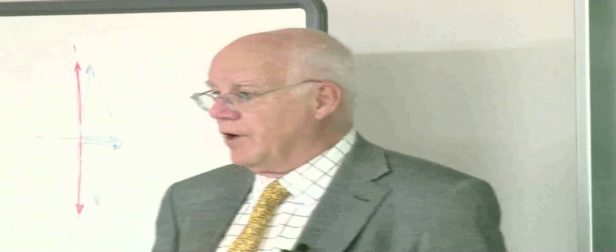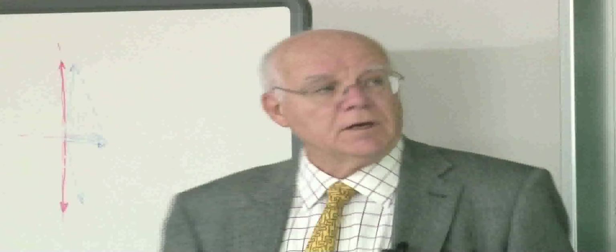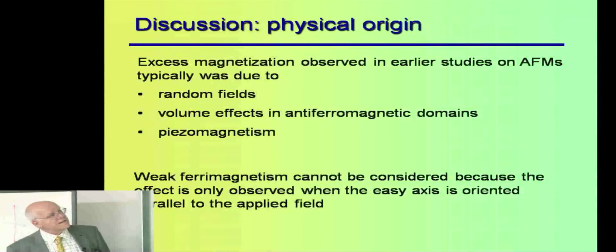You go to the library, read papers, and excess magnetization has been observed in random fields, volume effect in antiferromagnetic domains, piezomagnetism. And as I told you, let's exclude weak ferromagnetism because this is not a case for weak ferromagnetism.